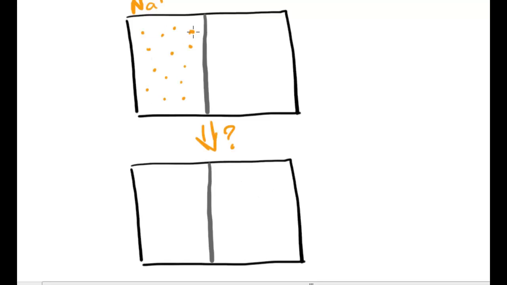Keep in mind that these sodium ions are charged, so they're not going to be able to diffuse easily through this phospholipid bilayer. Instead of spreading out into both sides, they're going to randomly move around just on this side, so they'll remain on this side of our box.